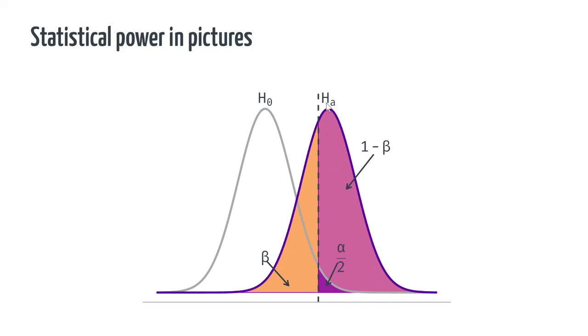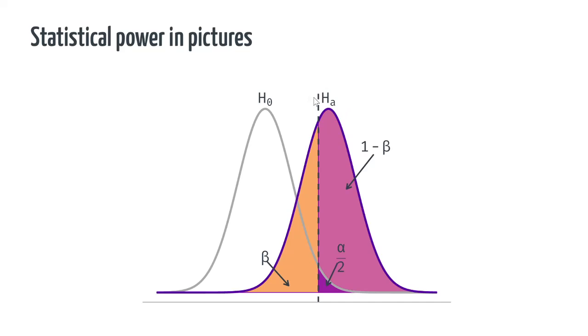As you can see, as the alternative hypothesis shifts to the right, the two means of these distributions will be farther apart, and also it means that this orange area is going to get smaller. Again, which means that the probability of me making a type 2 error is going to get smaller.